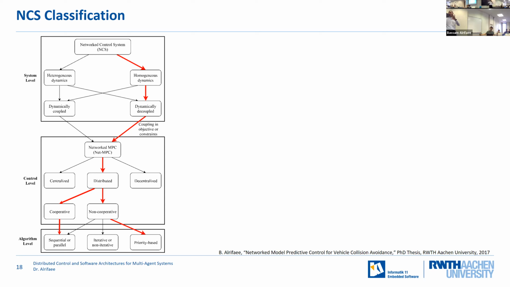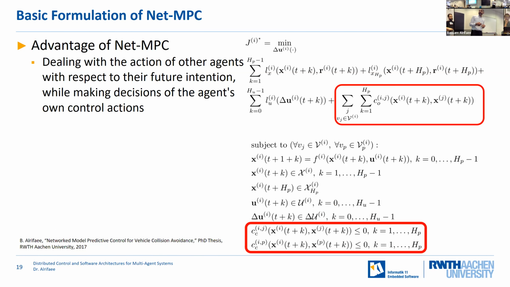So this was a general view. Don't worry if you didn't get every term. I'm going to tell you the specific parts now. So remember our MPC formulation, it's an optimization problem of objective function and constraints. And now we have the networked systems.